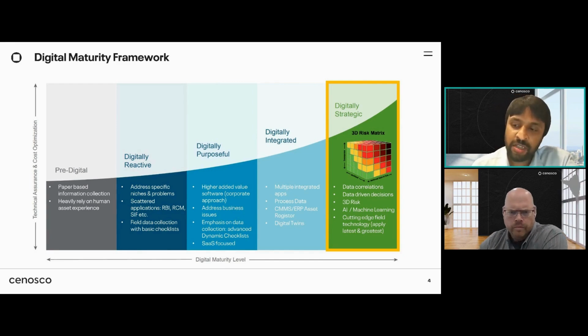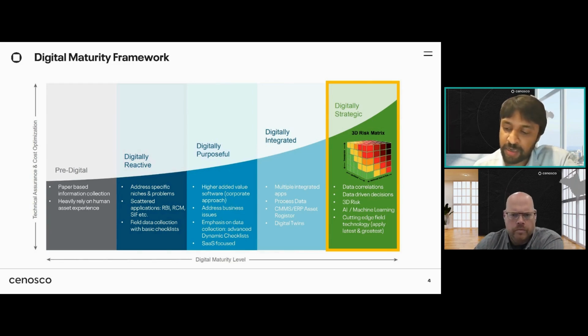So pre-digital, I would say, has still not gone away. There are still paper-based methods or systems in practice as of today. However, the majority are somewhere between pre-digital, digitally reactive, and maybe entering towards digitally purposeful as well.